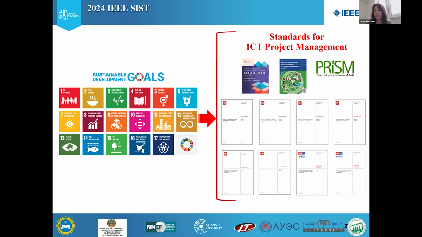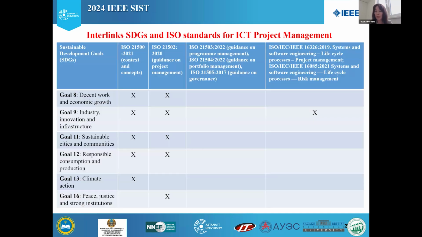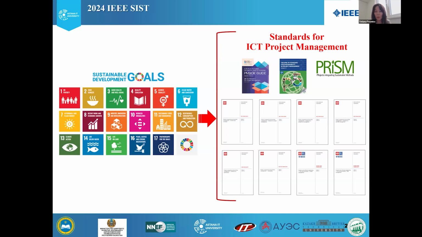A methodological addition to GPM P5 is Projects integrating Sustainable Methods, PRISM, which incorporates tangible tools and methods to manage the balance between social responsibility and delivering green project outcomes.